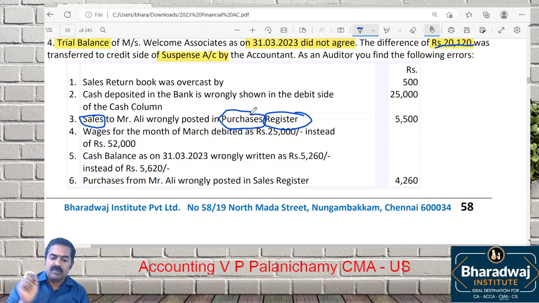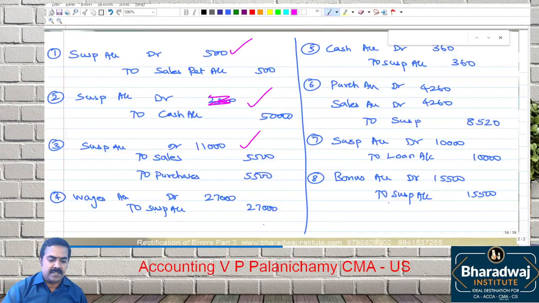You wrongly recorded in purchases, but it should have been recorded in sales. How to rectify? Remove the debit to purchases, and credit sales. So totally it will be debited to suspense account. Suspense account debtor to sales, to purchases.